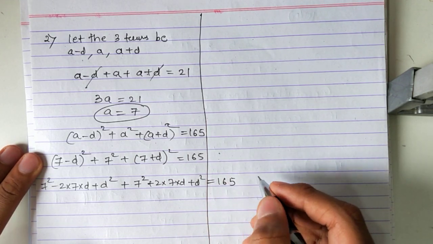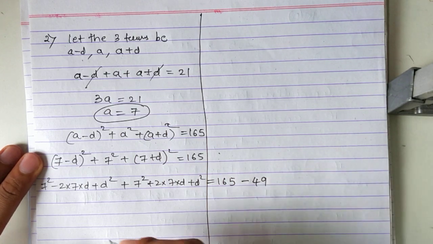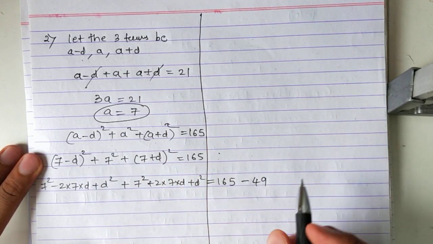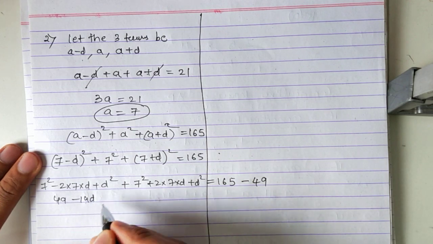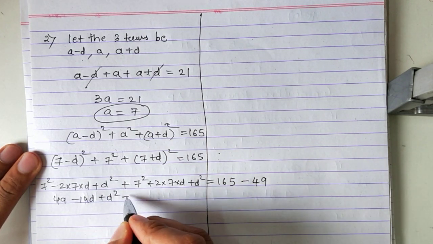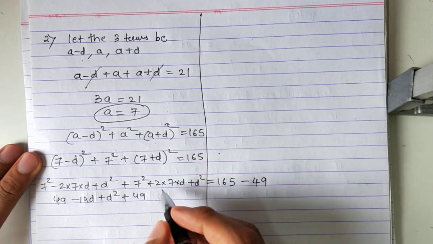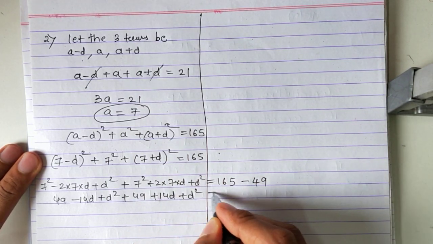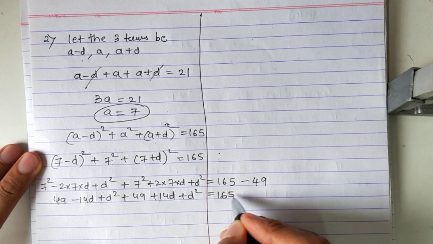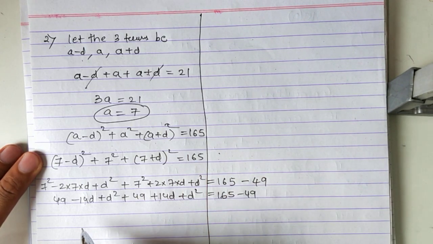165 minus 49. This 7 square has come here. Now this will become 49 minus 14d plus d square plus 49 plus 14d plus d square equals 165 minus 49.